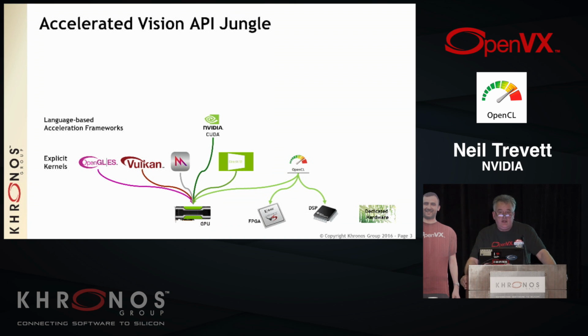NVIDIA CUDA is quite well known in the industry. It's often regarded as a direct competitor to OpenCL, but actually it's a little bit different. It's only for GPUs, for one difference, and it's more of a language-based solution. Its language additions to C and C++ let you express the code that you want to run on the GPU in a pretty straightforward way, whereas with these lower-level APIs, you have more individual control.